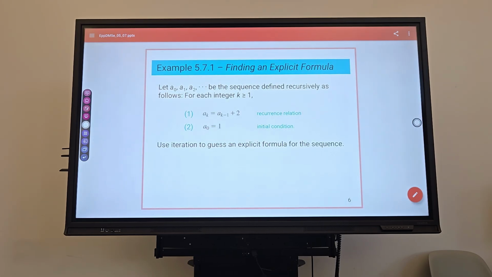So, for example, let A be the sequence defined recursively as follows. A sub k equals A sub k minus 1 plus 2. The initial condition is A sub 0 equals 1. Use iteration to guess the explicit formula for the sequence.